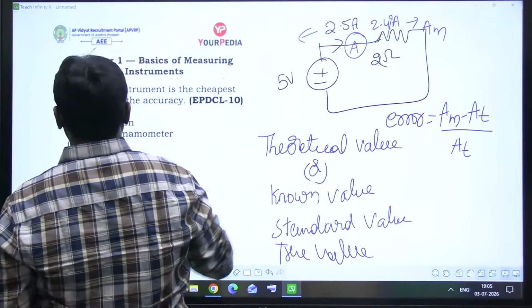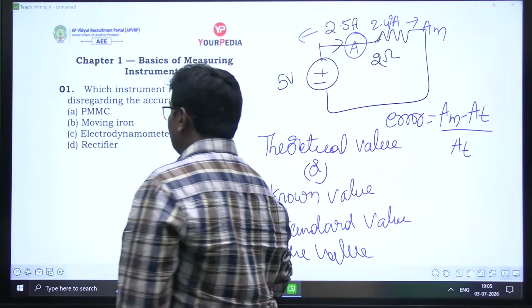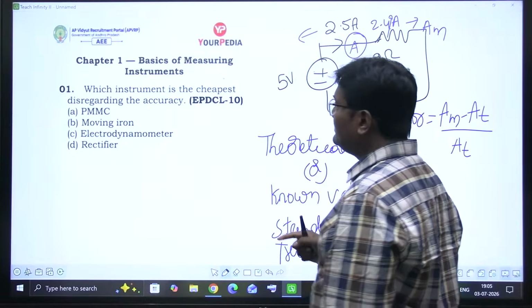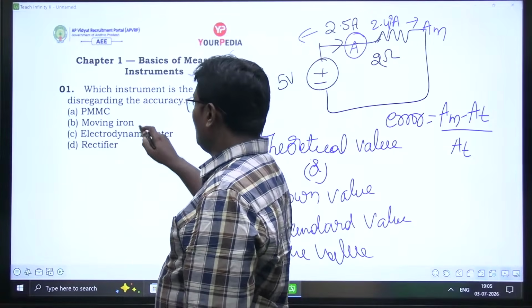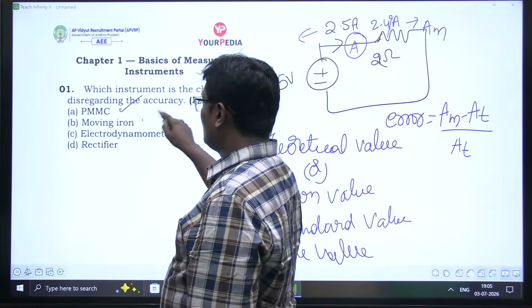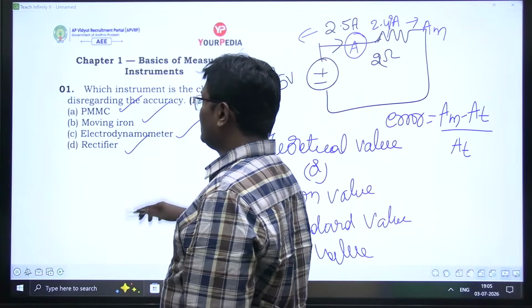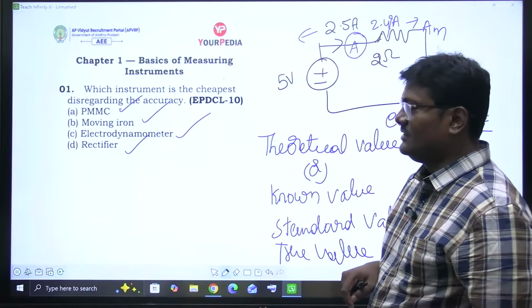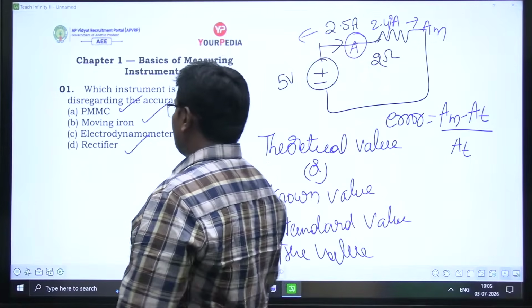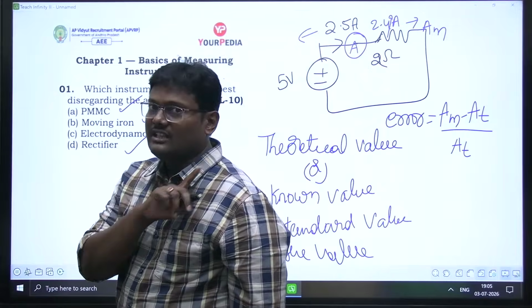Which instrument is the cheapest, disregarding the accuracy? Moving coil, moving iron, electrodynamometer type, or rectifier. Out of all these four, which one is the cheapest? It is not asking about the accuracy.